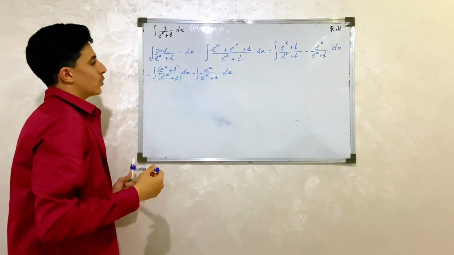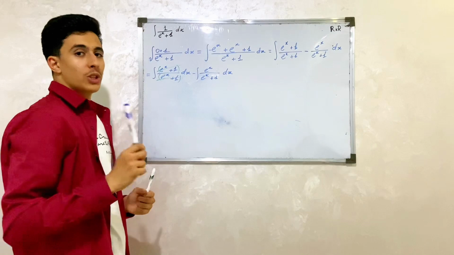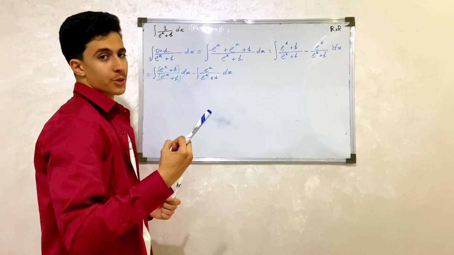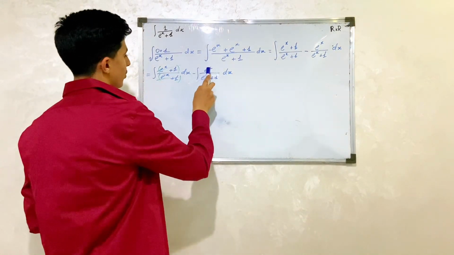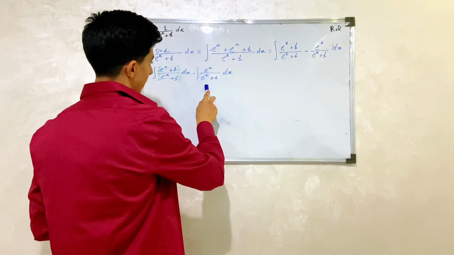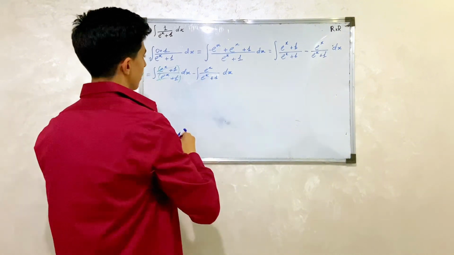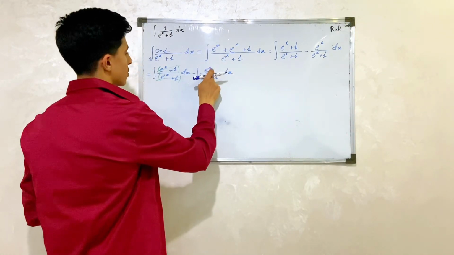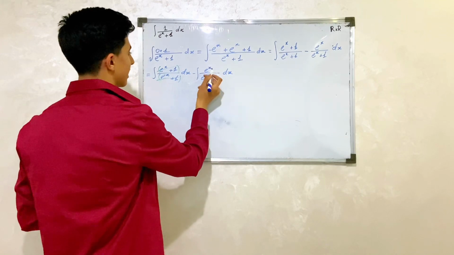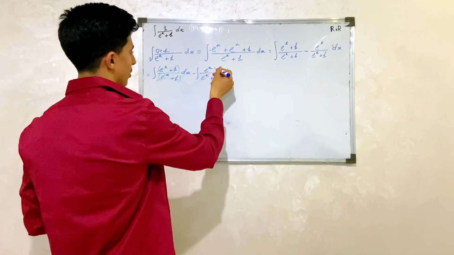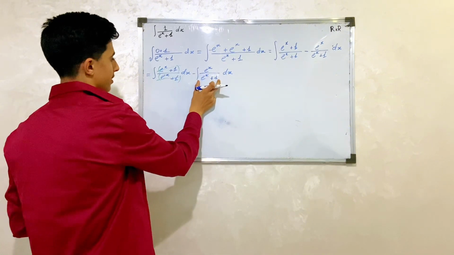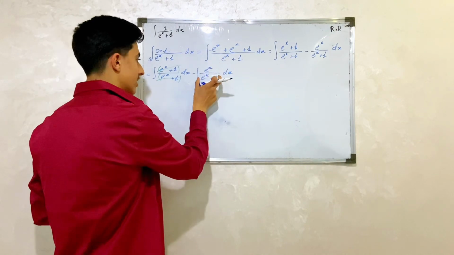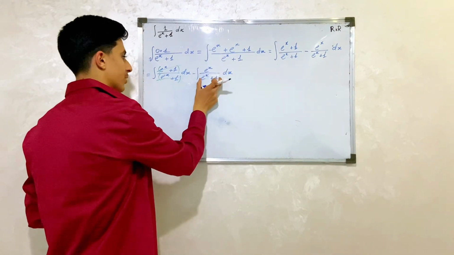And here we can do another observation. We know that the derivative of e to the x is e to the x, and the derivative of a constant is 0. Here we have e to the x over e to the x plus 1, and we have a plus 0 that we don't really need to write. So the numerator of the fraction is the derivative of the denominator. So we can basically write this as the derivative of this part over this part.